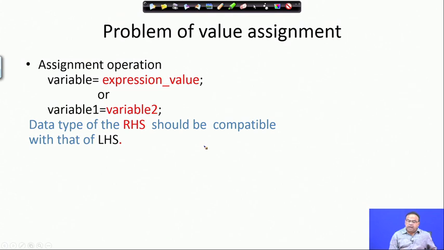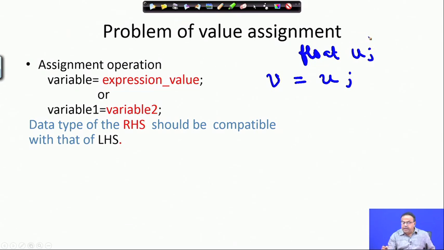Now, if for example, I say v assigned u, and u is a float and v is an int, then I may have a problem. Suppose u is 25.7.